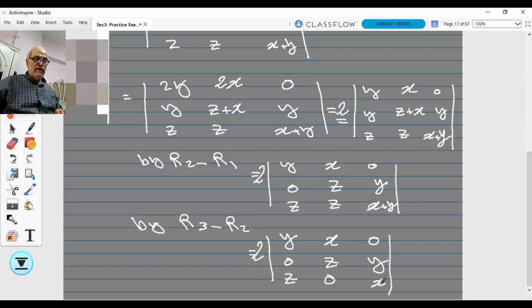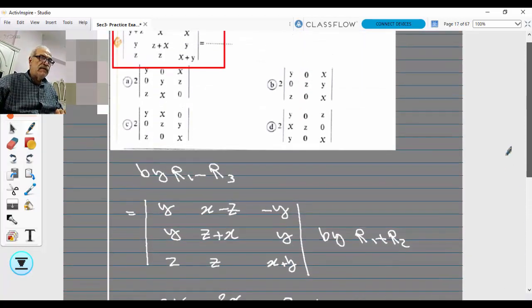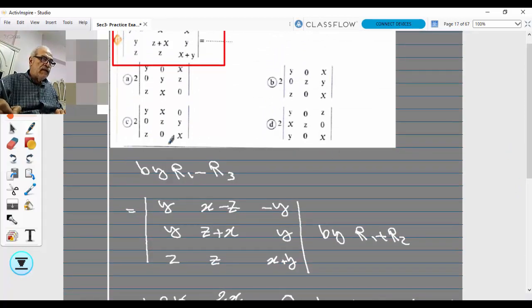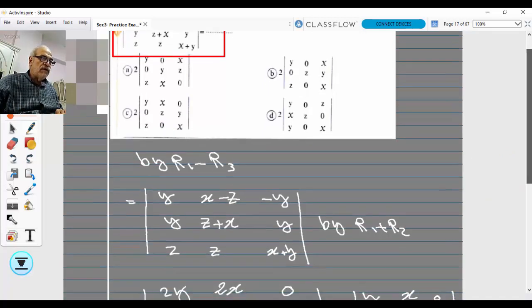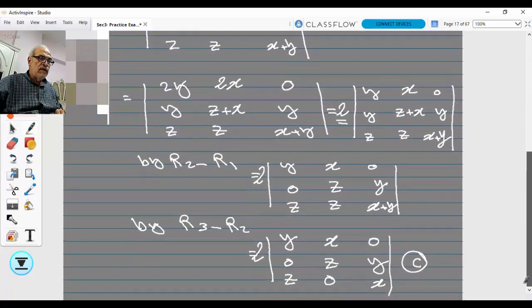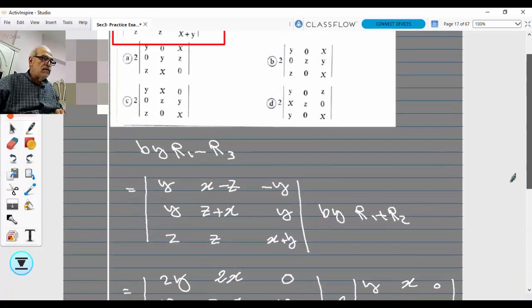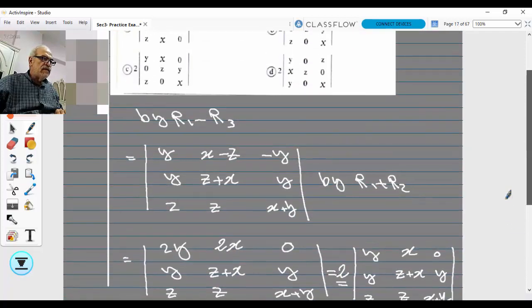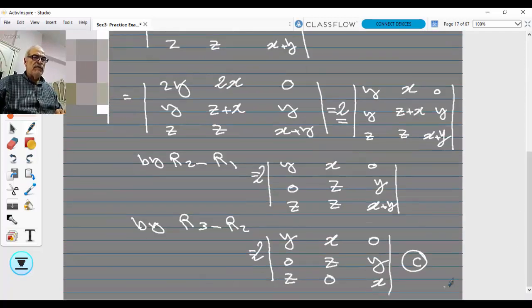And this result is in letter C. Here in letter C, we have the same determinant: y, x, 0; 0, z, y; z, 0, x, all multiplied by 2. So this is the right answer.